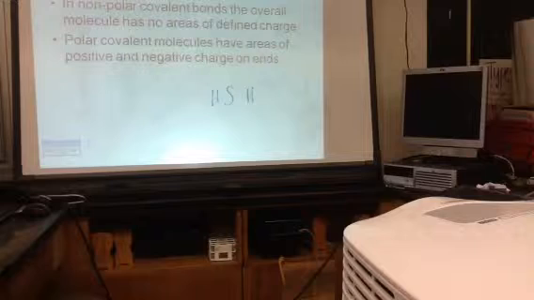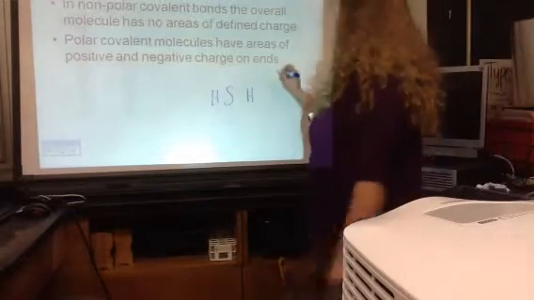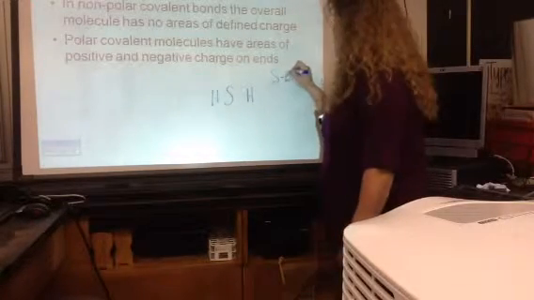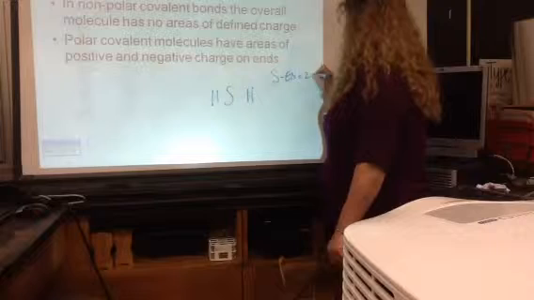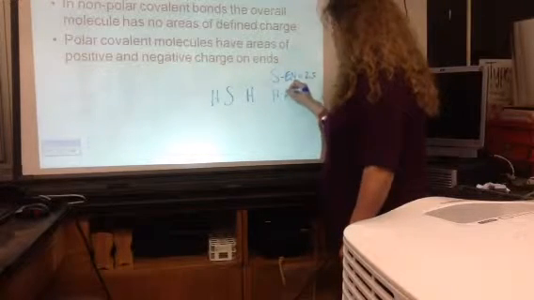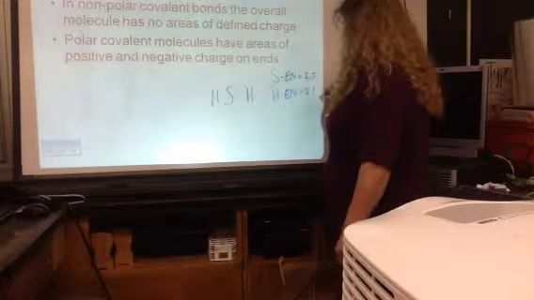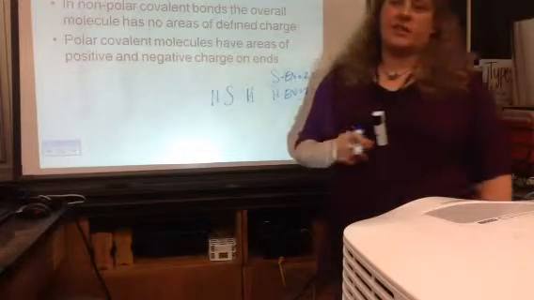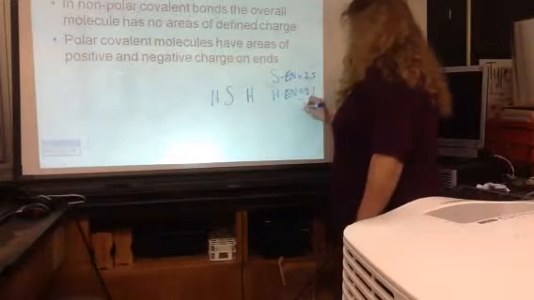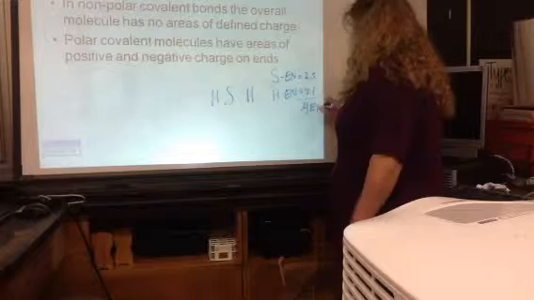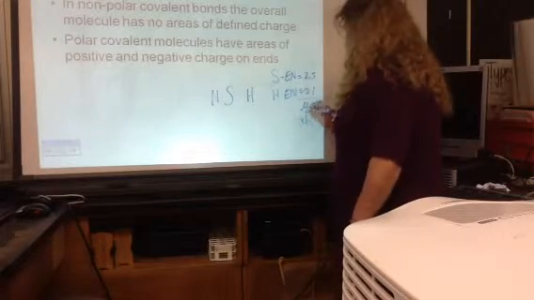Hydrogen's electronegativity is 2.1. So what's the electronegativity difference? So let's jot these down. Sulfur, EN equals 2.5. Hydrogen, EN equals 2.1. What's the difference? 0.4 EN difference.